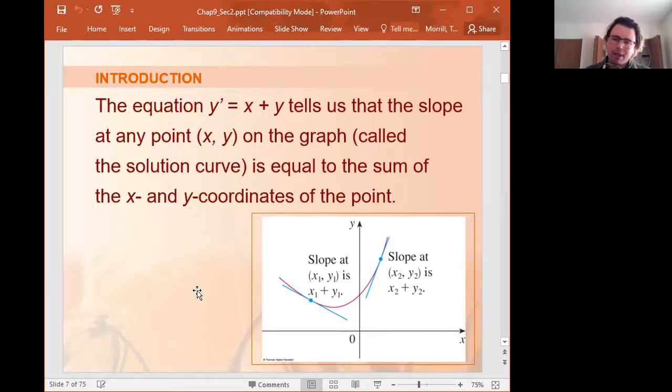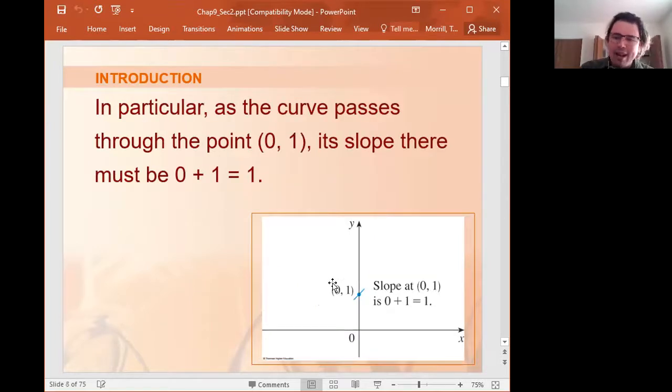Okay, so does that actually help me? Can I visualize what's going on? Well, yes, actually. The trick is that we want to be able to think about all of these slopes at the same time, and that gets kind of hard.